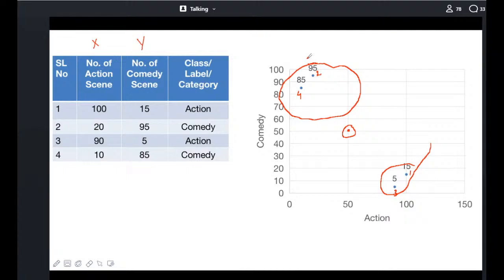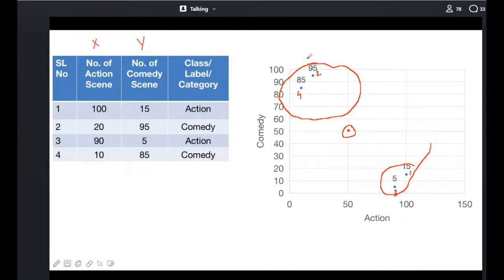Now, if the points are very near to one another, they will have similar properties. In our childhood, people used to say, don't go with that particular group, otherwise you will acquire their property.